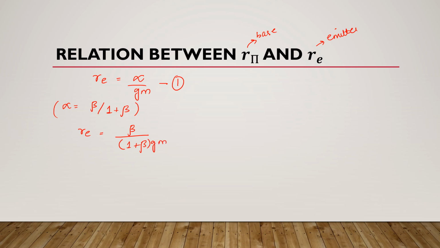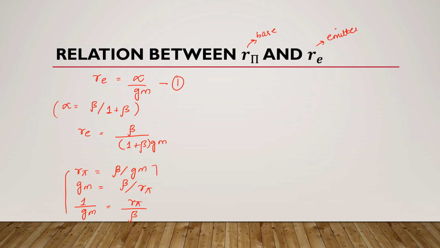Okay. Now we know that R pi is equal to beta divided by Gm. It means Gm will be equal to beta divided by R pi, and 1 upon Gm is equal to R pi divided by beta.